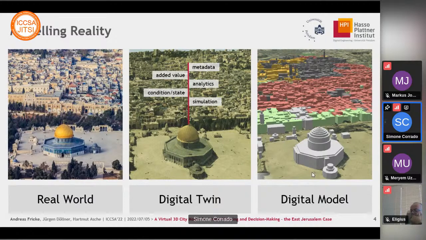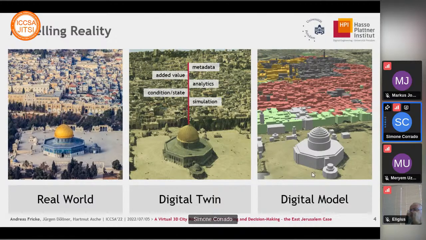The coloring on the right of these buildings represents, for instance, the function of a building. That is the semantic content, which Ole also mentioned. And in between there is somewhere this digital twin. It's kind of an enriched semantic model represented by reality-like geometries.